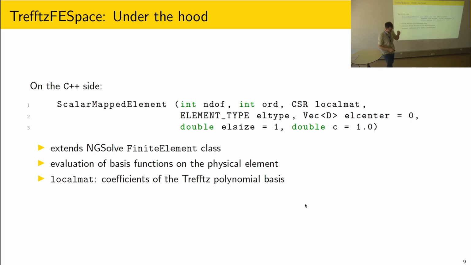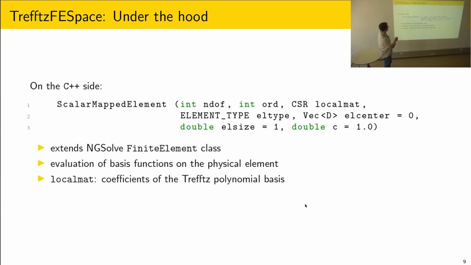What happens under the hood? So just to give you a hint on the C++ side, of course, what we don't want to do with these element-wise spaces is transform them back to a reference element, since we would lose our Trefftz properties, so we would not be in the kernel anymore if we transform under the operator.